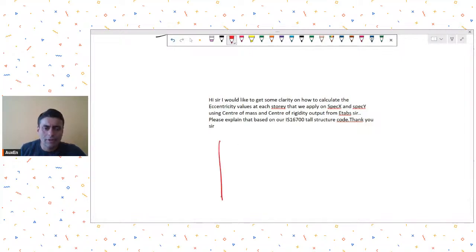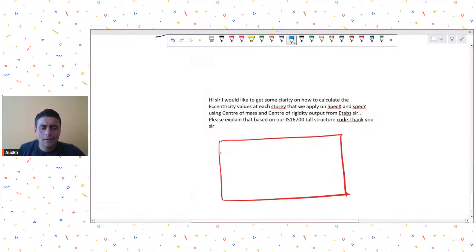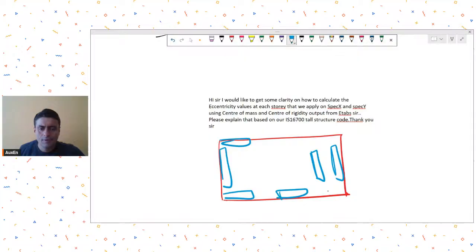So if you have this kind of a plan and these are your lateral load resisting elements, these blue boxes I'm trying to draw are my lateral load resisting elements. So first you have to mark the center of mass.